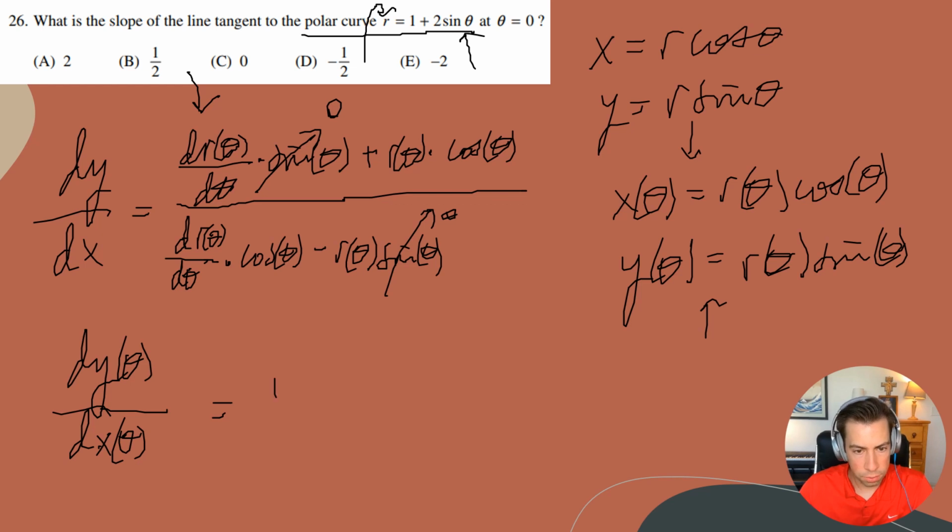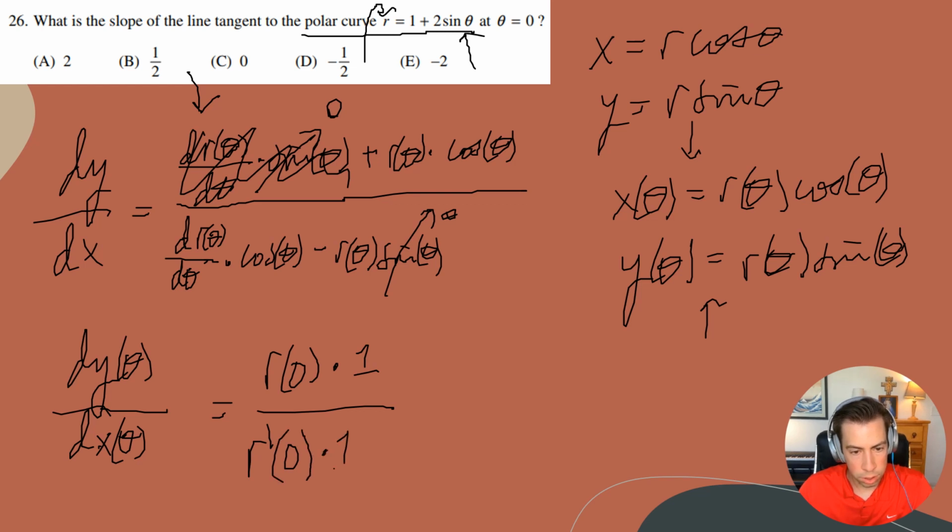I will have r evaluated at 0 times 1 on top, and again, this entire other term goes to 0 because we have sine of 0. And then on the bottom here, I'm going to have r prime of 0 times 1, because this bottom part with the sine also goes to 0.